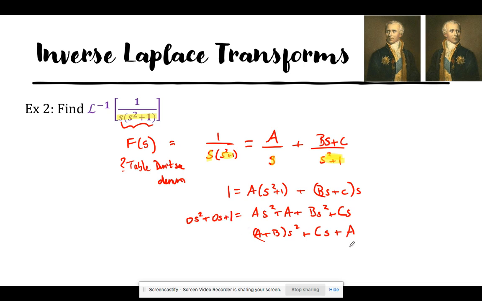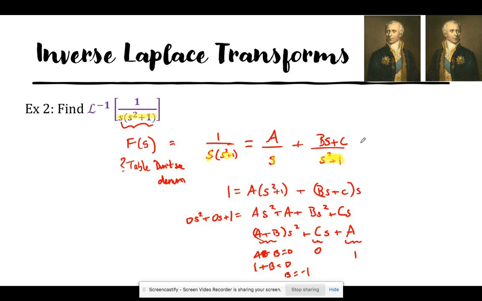So therefore, hopefully you can see that a is equal to 1, c is equal to 0, a plus b is equal to 0. But we already know that a is 1, so b has got to be negative 1.